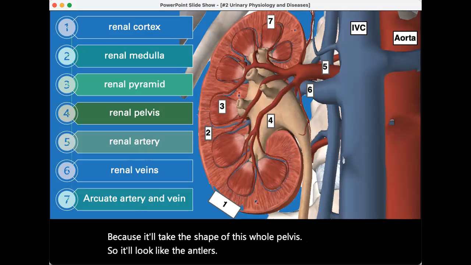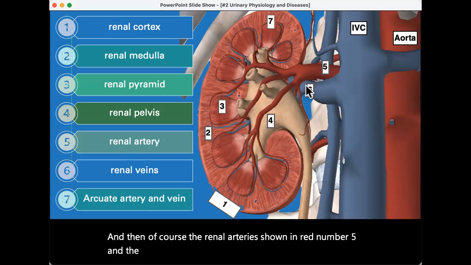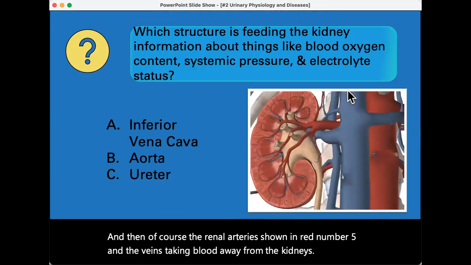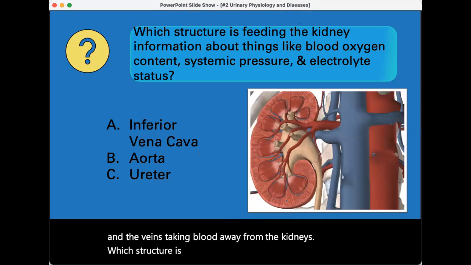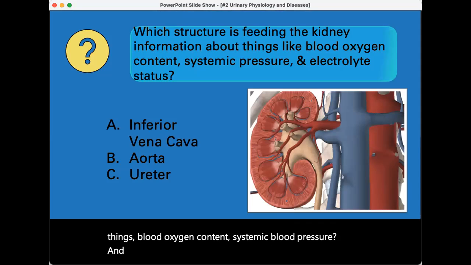And then, of course, the renal arteries shown in red, number 5, and the veins taking blood away from the kidneys. Which structure is feeding the kidney information about things like blood oxygen content, systemic blood pressure, and electrolyte status? This is a review from the last lecture.